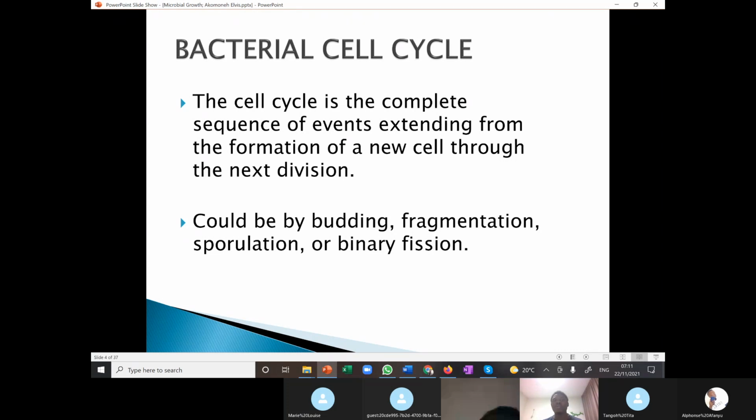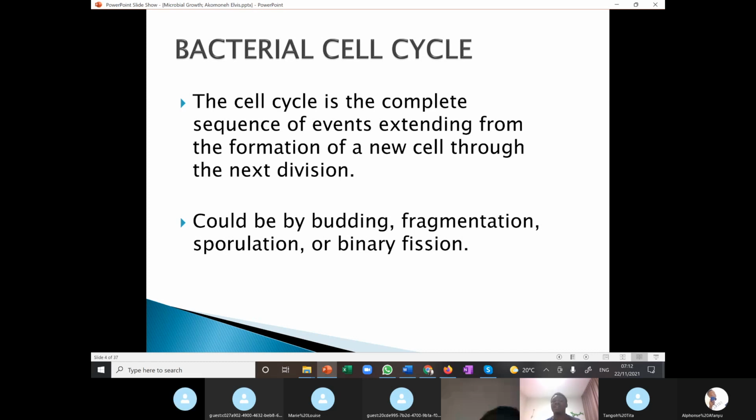In microorganisms, we have a different cell cycle formation. The complete sequence of events that occur from division through the next division is what we'll be referring to as a cell cycle here.